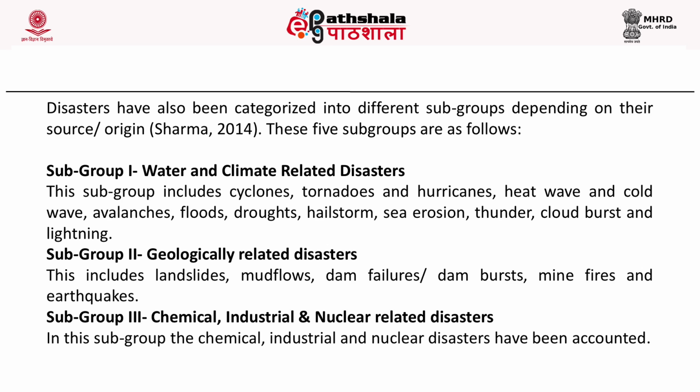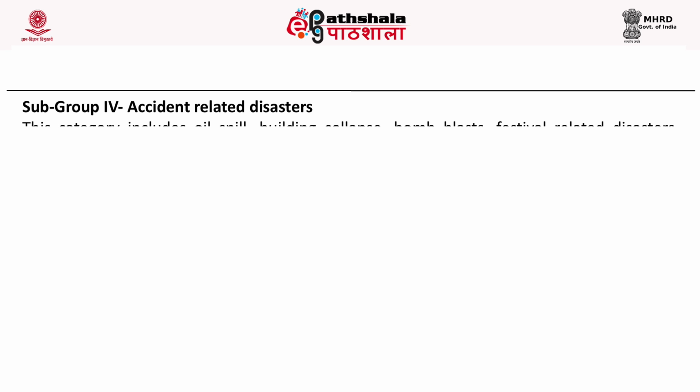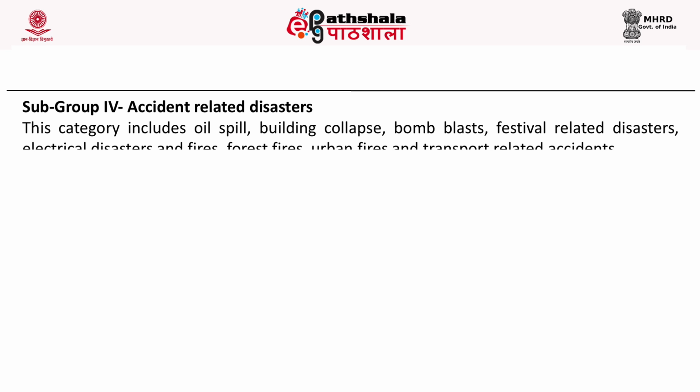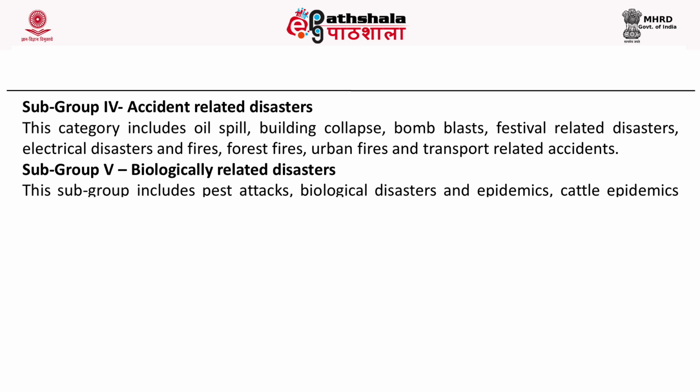The third subgroup is of chemical, industrial and nuclear related disasters, which mainly accounts for the industries pertaining to chemicals and nuclear related disasters. The fourth one is accident related disasters, which includes oil spill, building collapse, bomb blasts, festival related disasters, electrical disasters, and fire, forest fire, urban fire and transport related accidents.